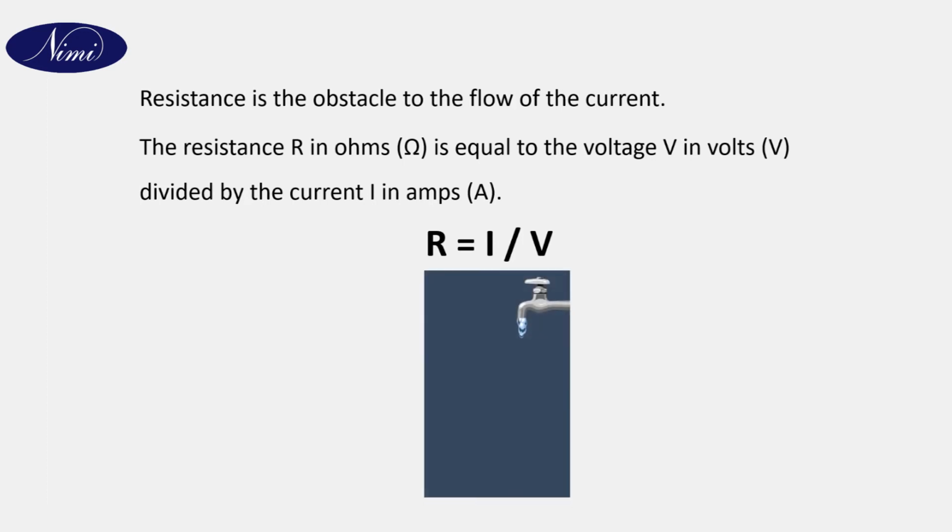In the image below, we can see water not flowing properly but dripping drop by drop from the tap. Imagining water as current, resistance is the hurdle here that is not allowing the water to flow properly.